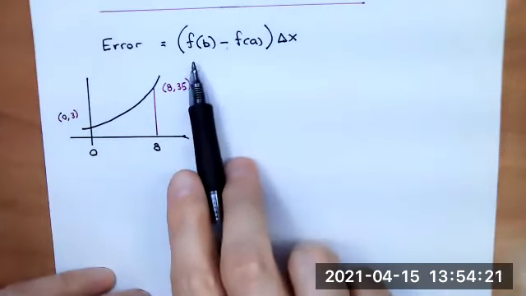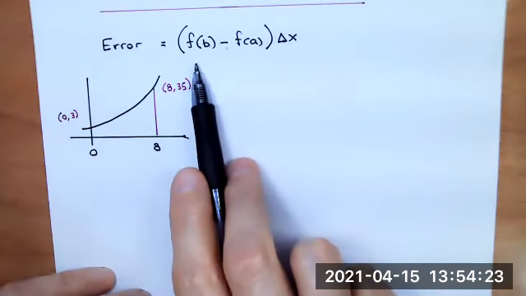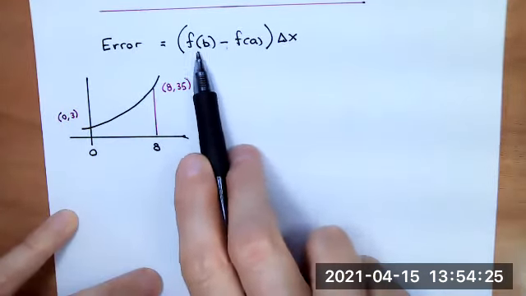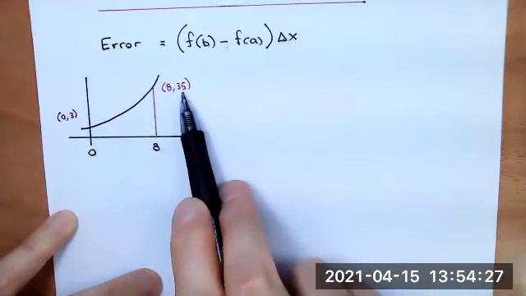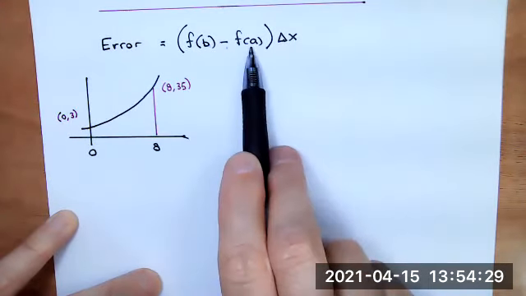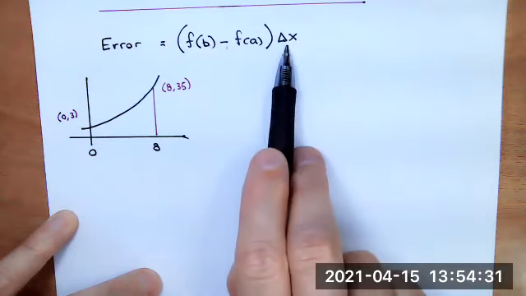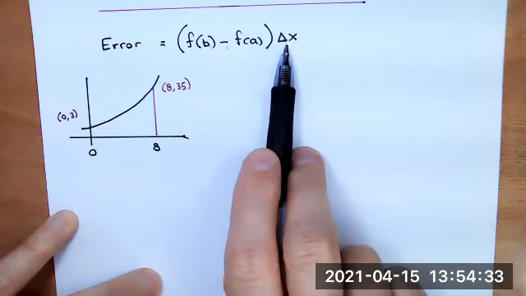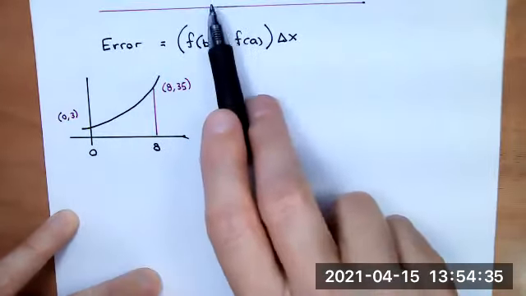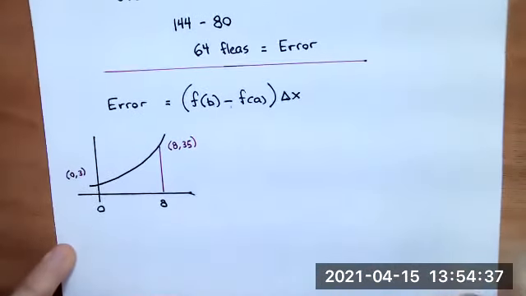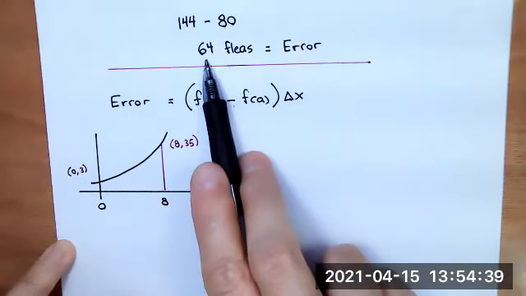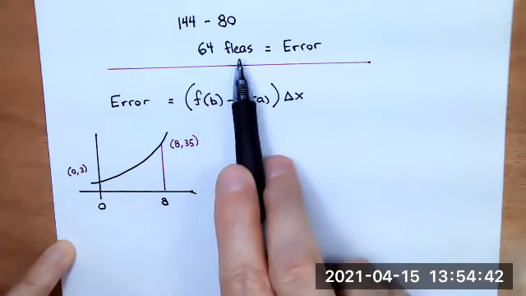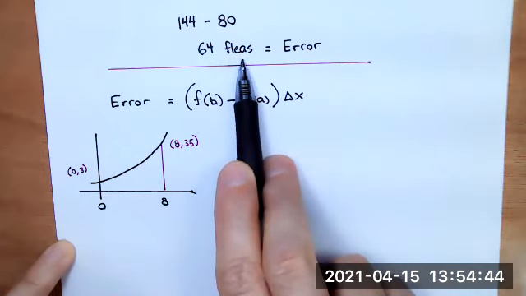All right, so the error for a monotonic function is the maximum height, which is 35, minus the minimum height times the size of the interval. So previously, when we had 4 intervals, we ended up with an error of 64.